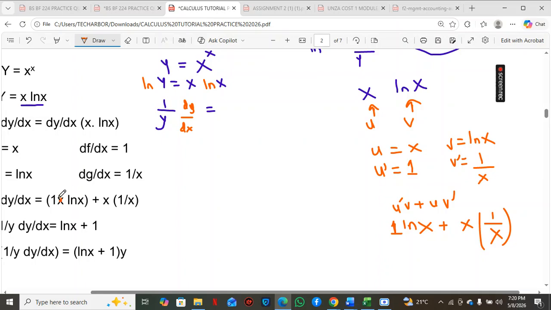Here, this is multiplication. 1 natural log of x, so you put our answer here, 1 natural log of x plus x times 1 over x. Any questions?